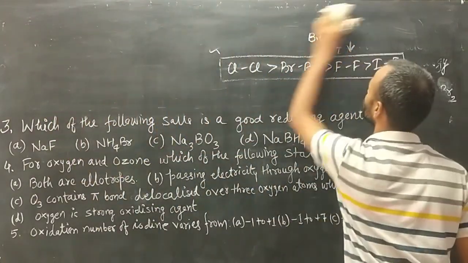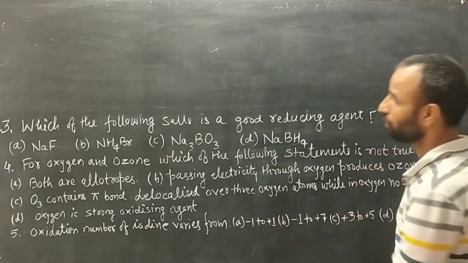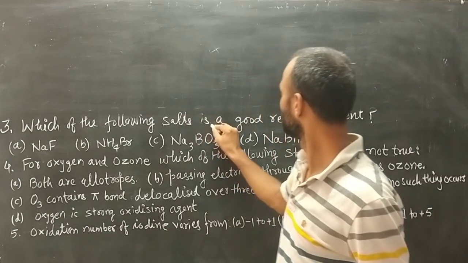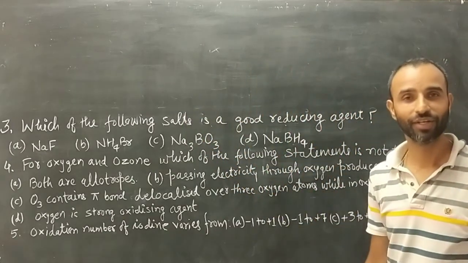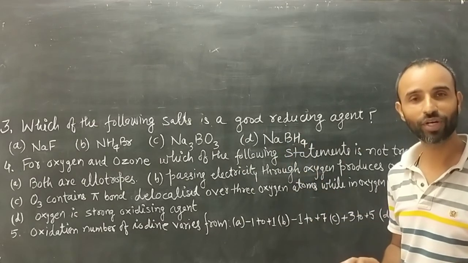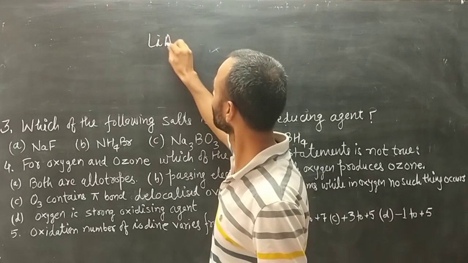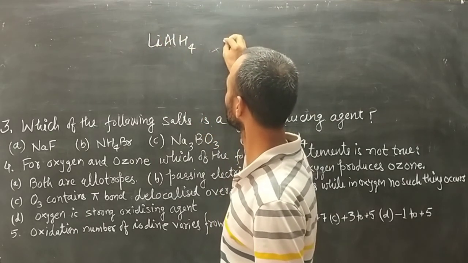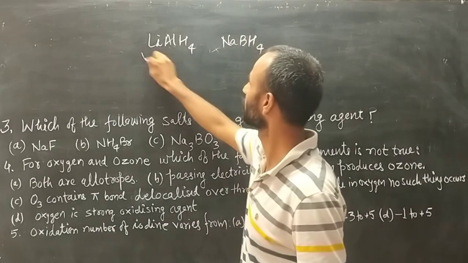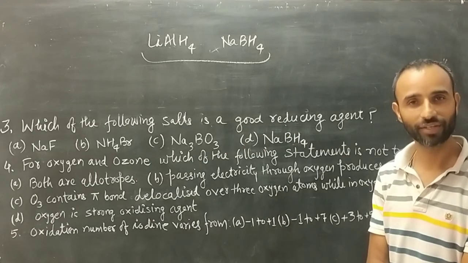Now question number 3. Which of the following salts is a good reducing agent? So out of these, very good reducing agents are, in organic chemistry, main reducing agent we use, these are lithium aluminum hydride and sodium borohydride.